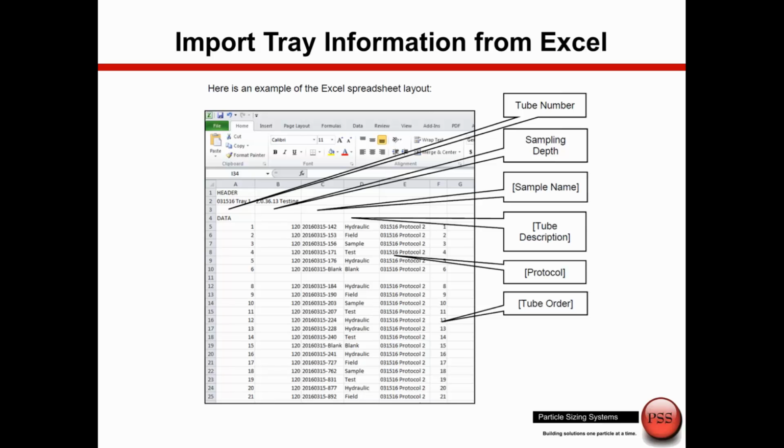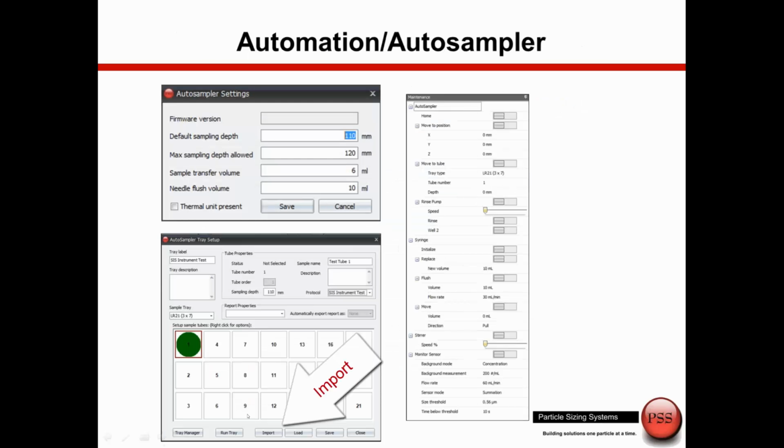Absolutely, especially people who have very high sample throughput who need to set up for making hundreds of measurements. At that point, having access to just typing the data into Excel and then loading it into our software here makes it much easier to do the setup. Thank you. So major improvements both with what the Autosampler can do, but also the ease of use of programming it to do what you'd like it to do.